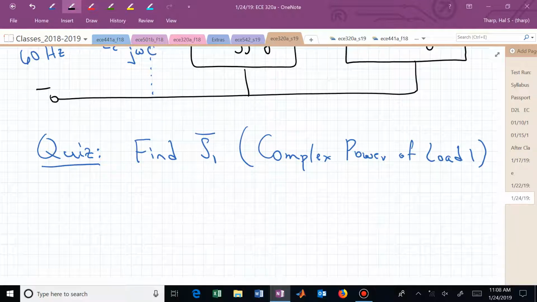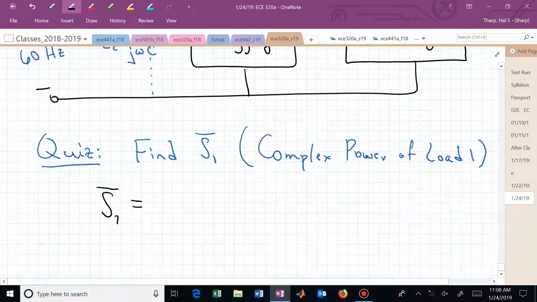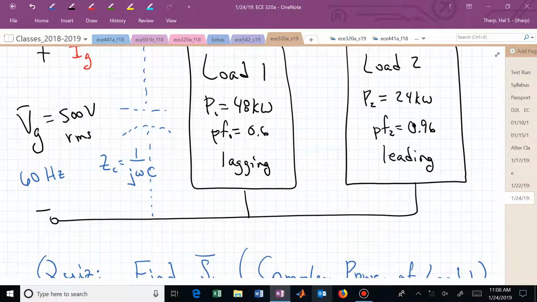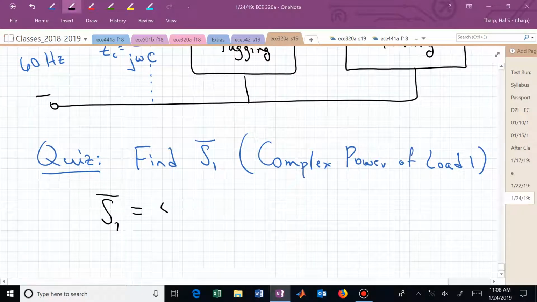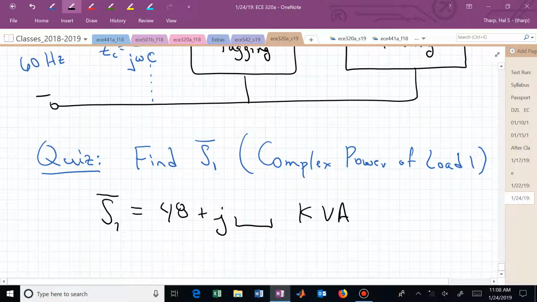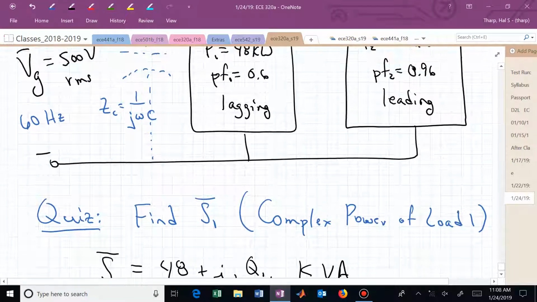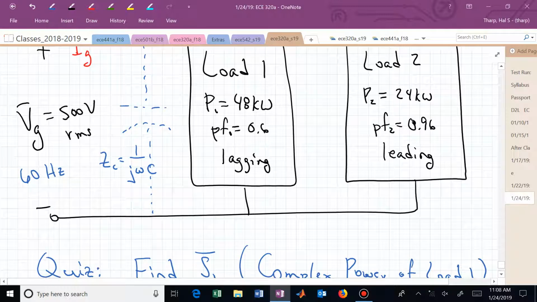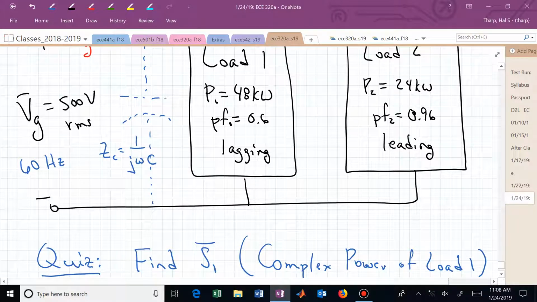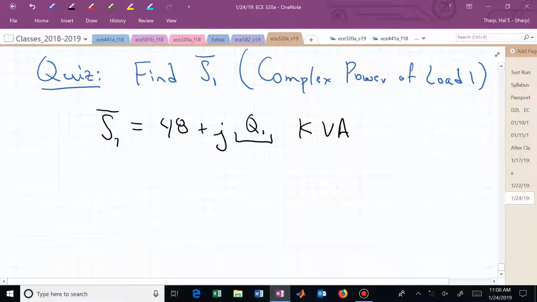And if you were running late on your exam or you had just a few minutes left, what would you do? Well, you could at least get half of S1. Maybe you wouldn't get half of the points, but you know the real component. You know that that's 48. Now what you need is to fill in what is Q. That's what we don't know. But we also know the power factor, and we know it's lagging, so we could start to see some of this complex power developing quite quickly.